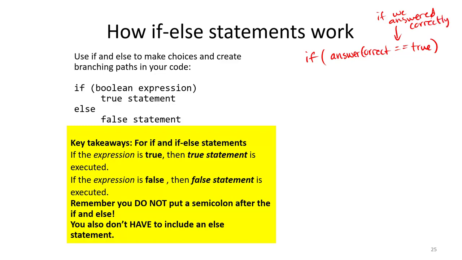We could say if our answer was correct, then we say cout, good job. Else, if we did not answer correctly, then we could output that's incorrect.